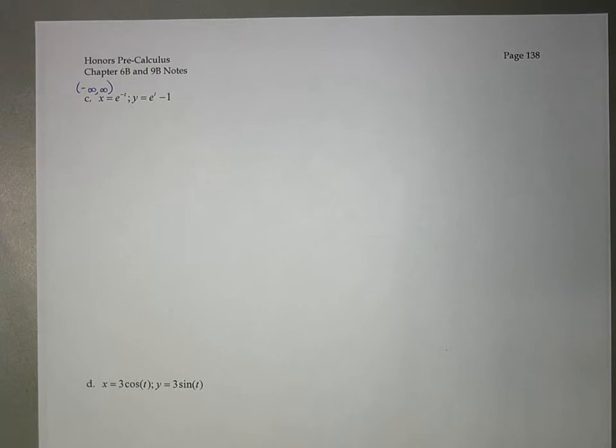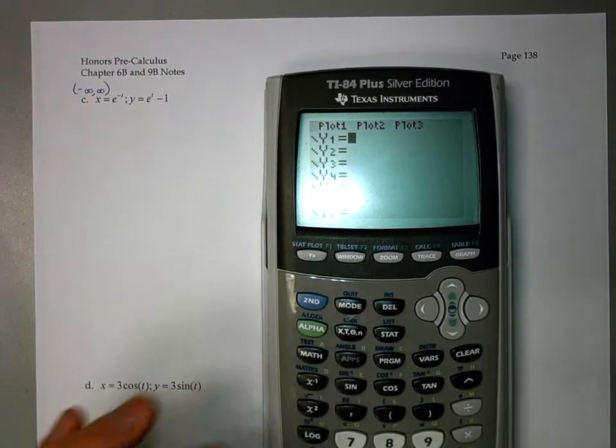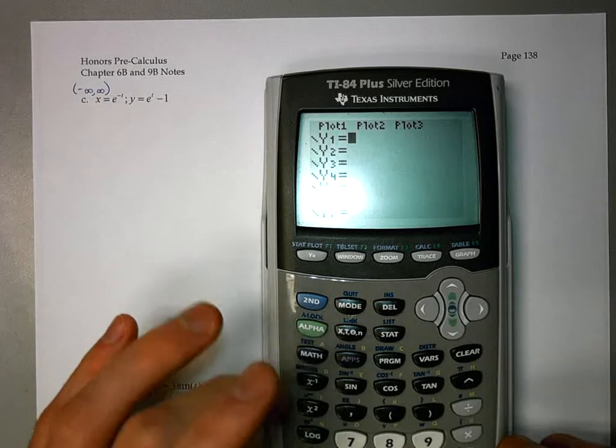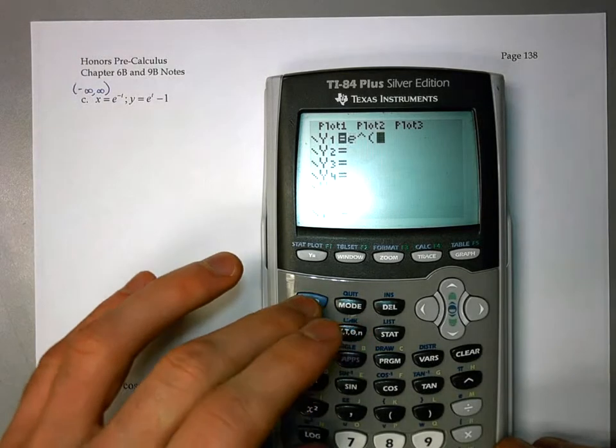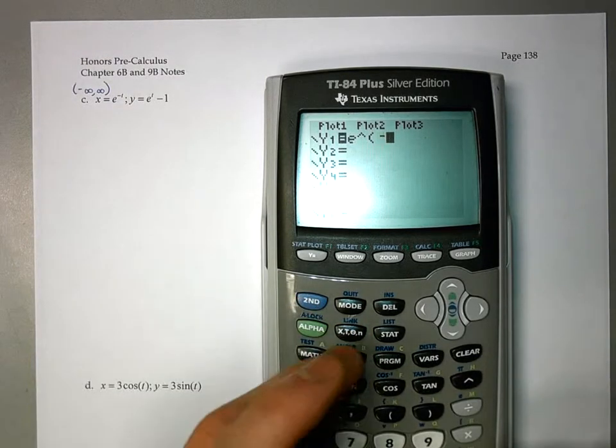But you also know that e to the negative t, what's the range going to be? Well, if you don't remember, you can pull out your calculator, and let's do a quick little e to the negative t, or in this case, e to the negative x.